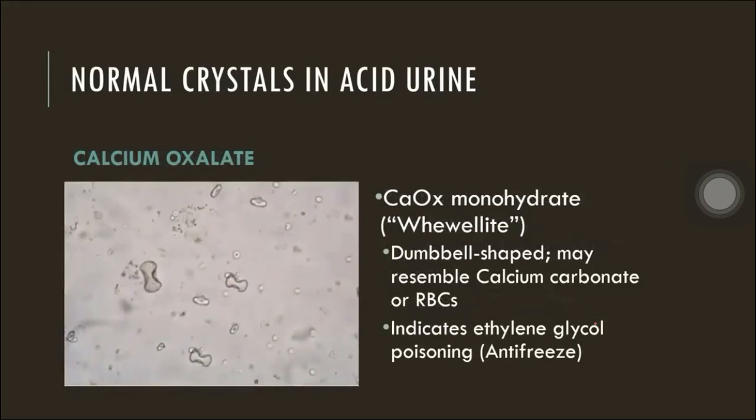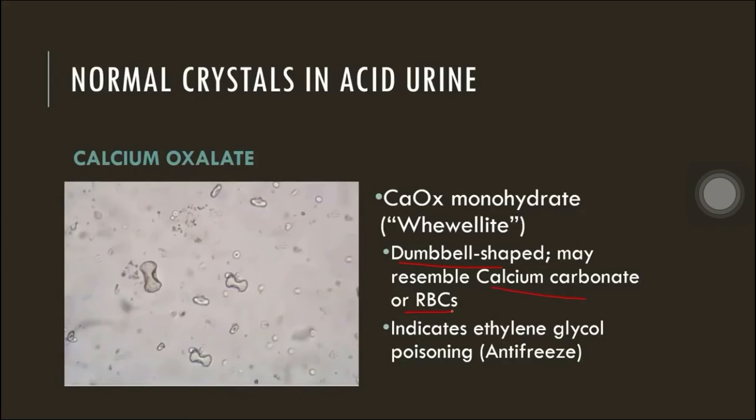Next, we now move on to calcium oxalate. So calcium oxalate has two morphologies, two forms. Calcium oxalate monohydrate, or what we call whewellite, is described as having a dumbbell-shaped appearance and may resemble calcium carbonate or RBCs. So again, I said earlier, calcium carbonate may resemble calcium oxalate monohydrate.